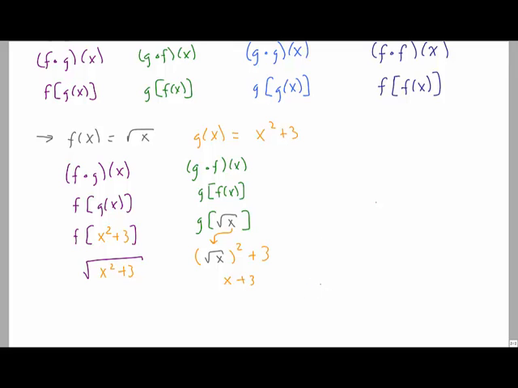Let's go ahead and look at g of g of x next. This means for my function g, I'm going to plug in my function g, x squared plus 3. So as I'm working here, and I plug in, I'm going to have something squared plus 3.